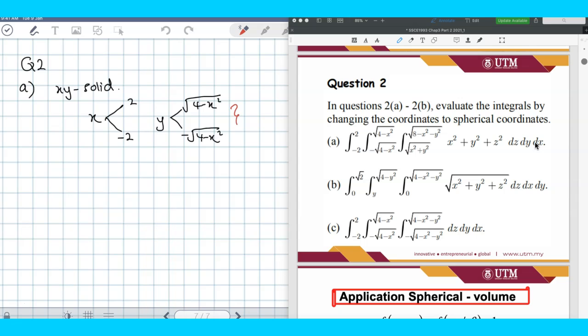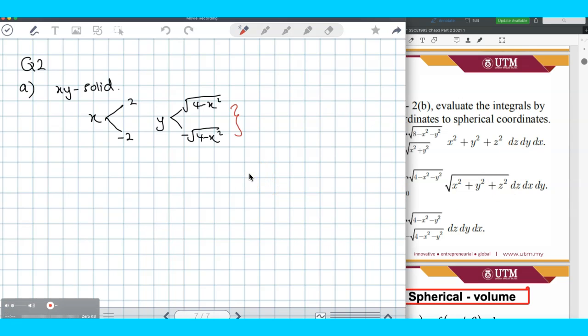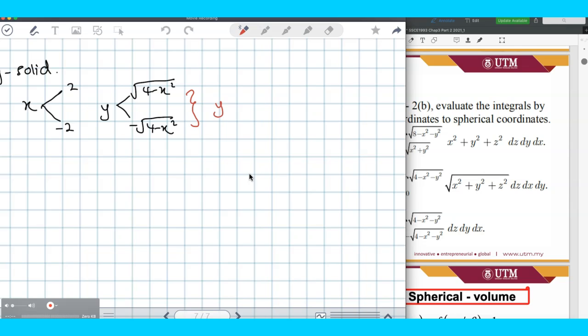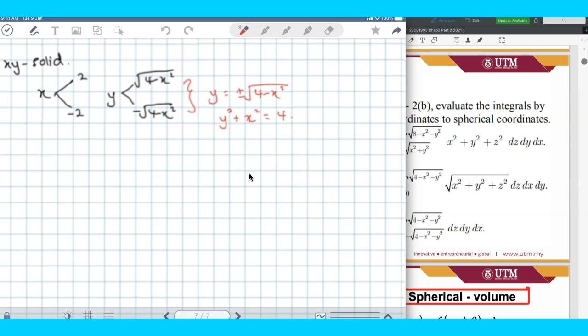From these two equations, you can see they can be written as y equals plus or minus square root of 4 minus x squared, where y can be positive and negative. When you rearrange, you get y squared plus x squared equals 4. So you have a circle with radius 2.